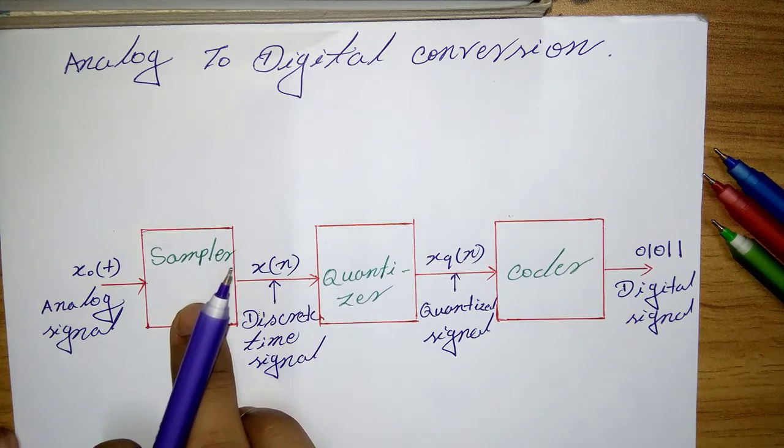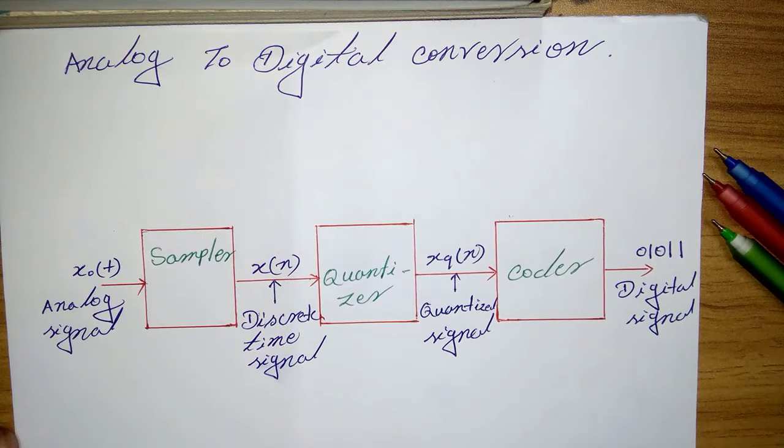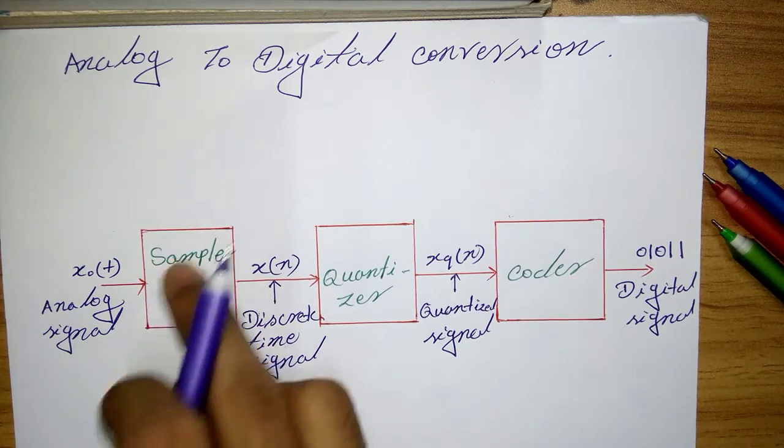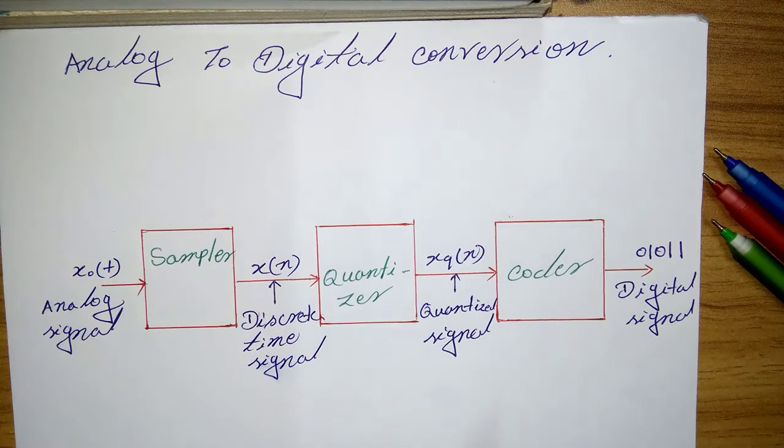So what is sampling? This is the conversion of a continuous time signal into a discrete time signal obtained by taking samples of the continuous time signal at discrete time instants.